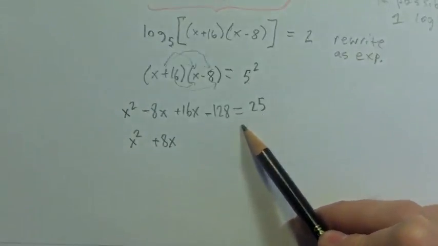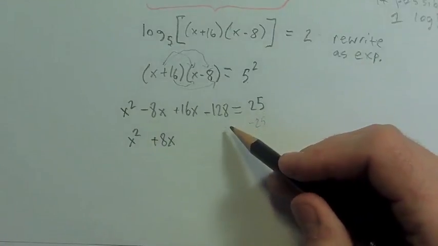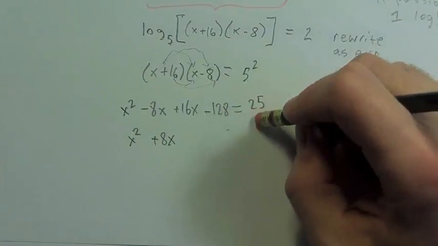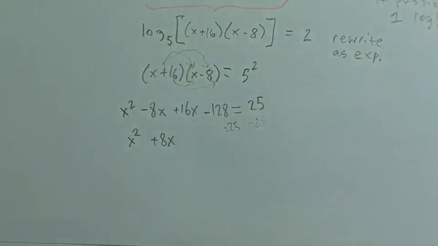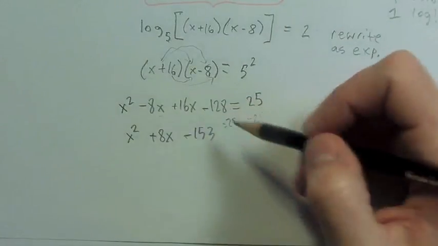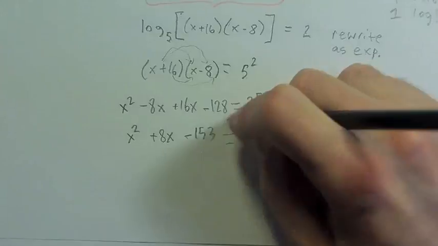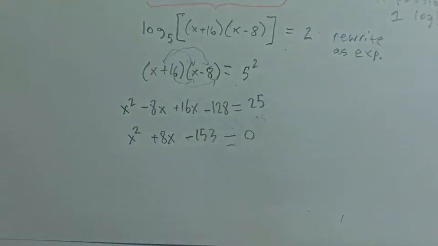And then I'm going to bring that 25 over, so I'll subtract the 25 in the same step that I'm combining these like terms. So what we get is this equation here, x squared plus 8x minus 153. Ugh. Okay, so this does not look very pleasant, but it might factor.